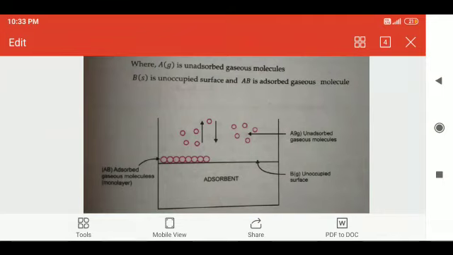This is impossible as weak attractive forces exist between molecules of the same type. So the Langmuir equation is valid only under low pressure conditions.